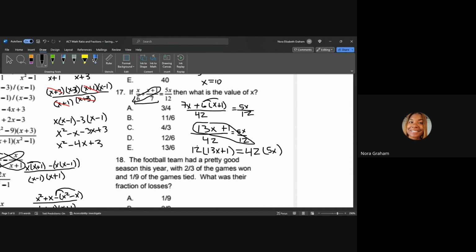Now, again, I start simplifying this down. I distribute through this 12 to hit each and every term. All right. So 12 times 13, that's 156x. I'm just moving this up here. 156x plus 12.